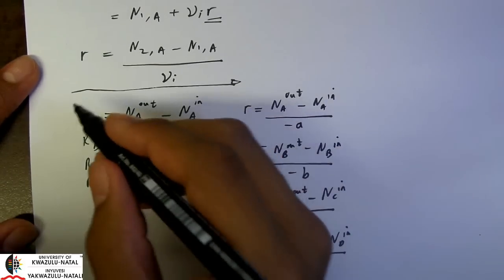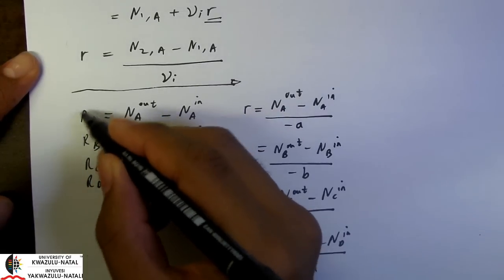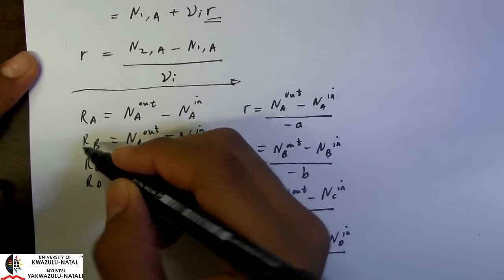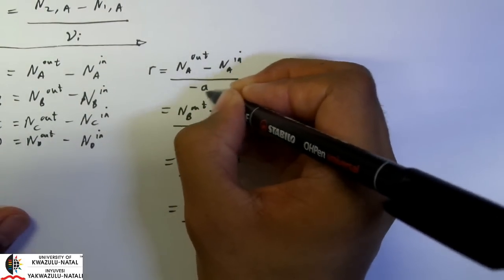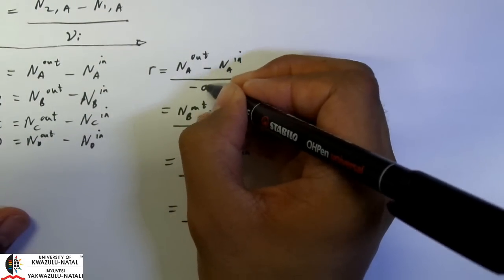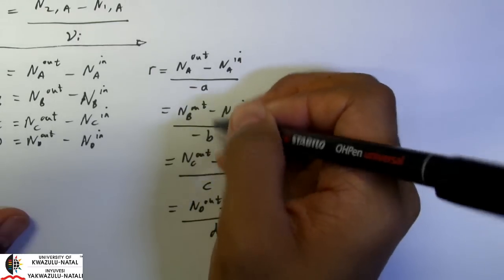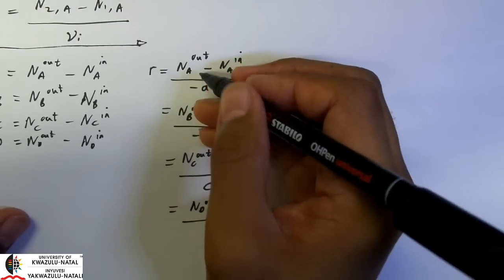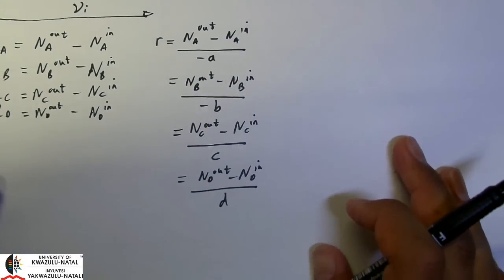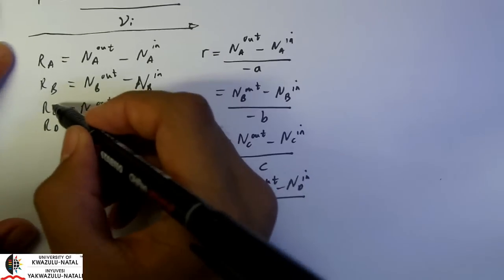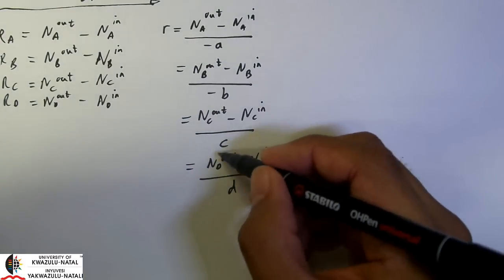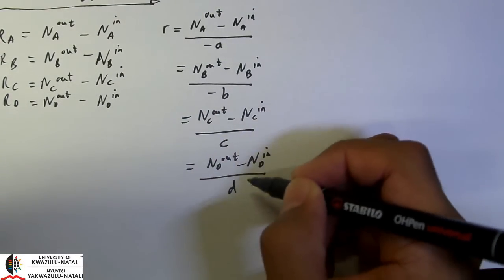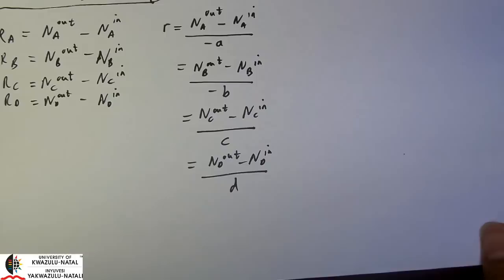Our consumption rates will be negative. However, they will be offset by taking our stoichiometric coefficients to be negative for reactants. Our production rates will be positive, and our stoichiometry for our products is positive, so there's no need for any offset there.